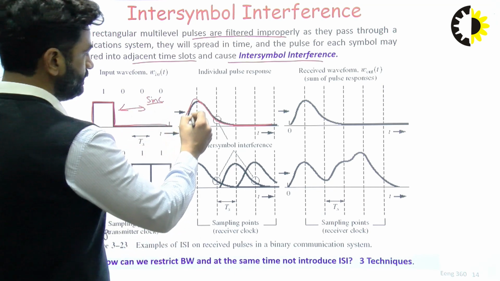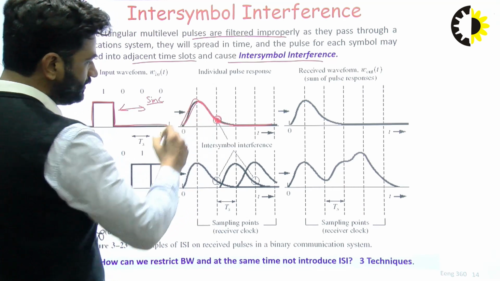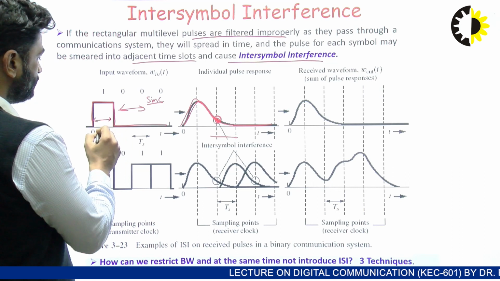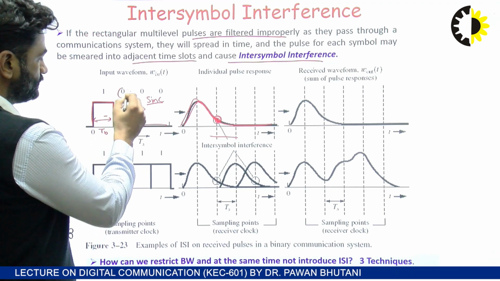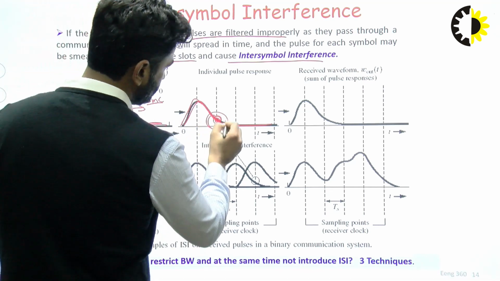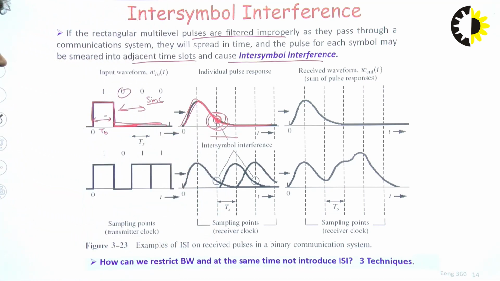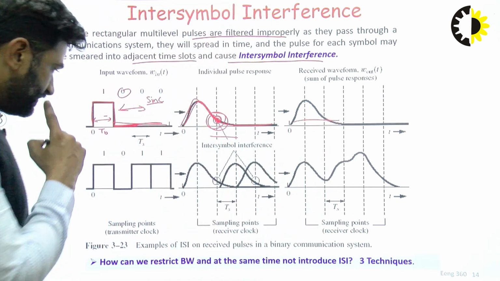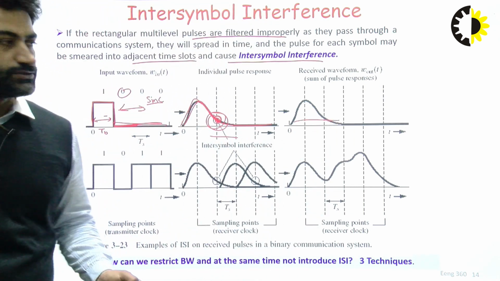Here you can see this point causes the intersymbol interference, because from 0 to TB we have a value of 1, and for 0 we should have 0 volts, but at this point we are getting some value, which will cause a problem at the receiver end. Similarly in the other case also.